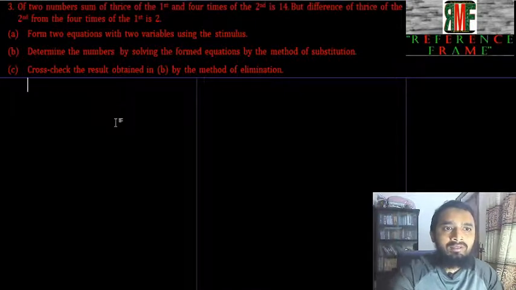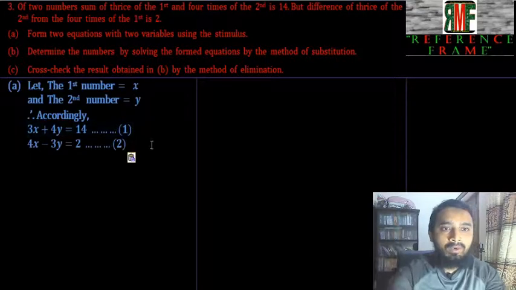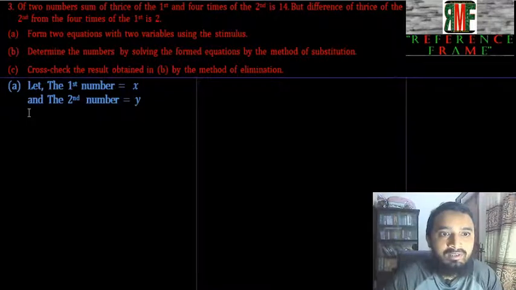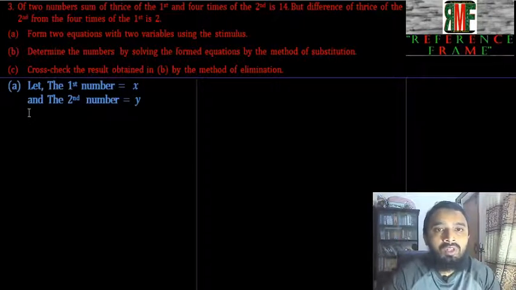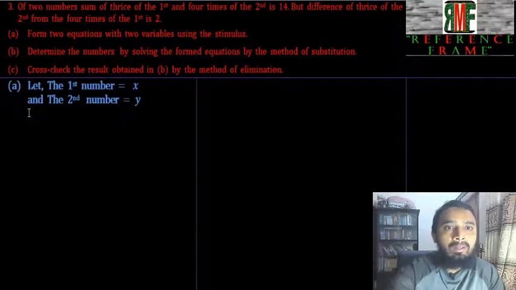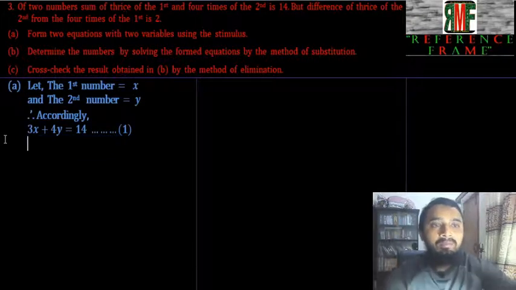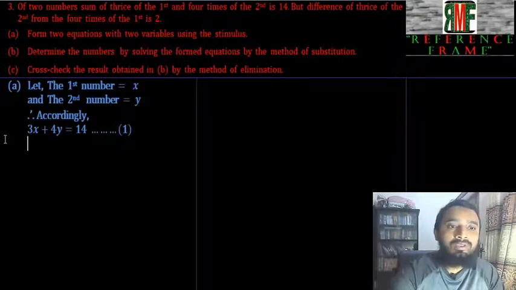Let us consider the first number x and the second number y. Thrice the first, that means 3x, and 4 times the second, that means 4y, and their sum will be 14. As you can see in the first equation, 3x + 4y = 14.